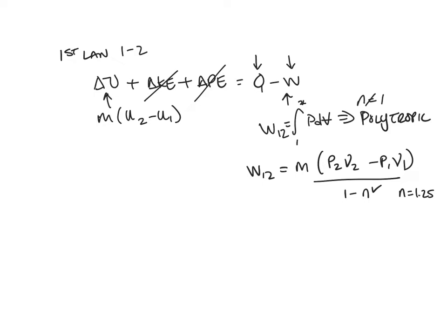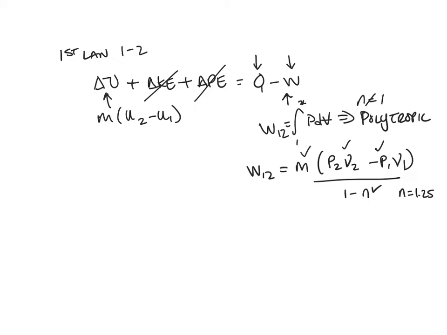We're also given the pressure at state 1. And we have volume at state 2, which will allow us to get specific volume at state 2. So we have enough information to get 2 of those. We were also given the mass of the system. So we have that piece of information.